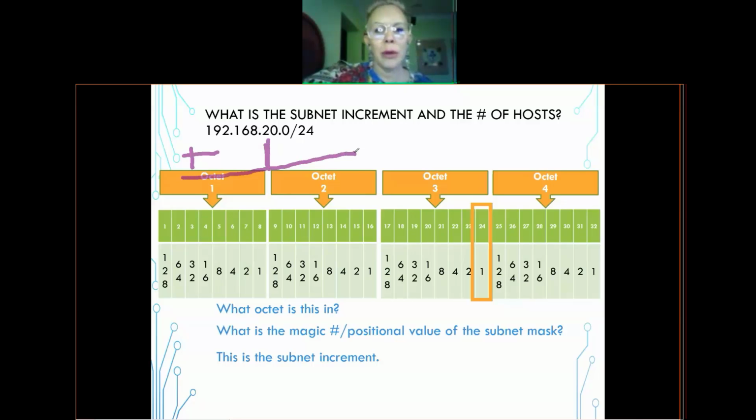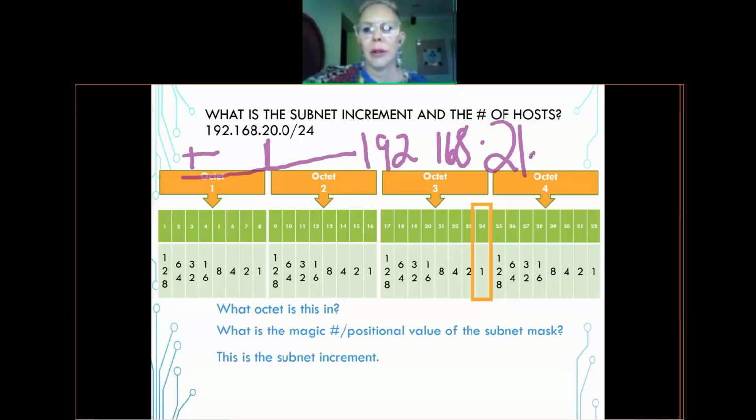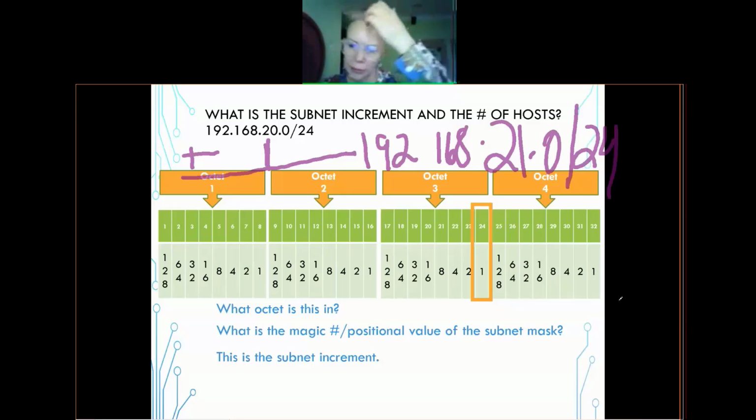So my next network would be 192.168.21.0/24. What would the 3rd network be? I only have 2 answers.